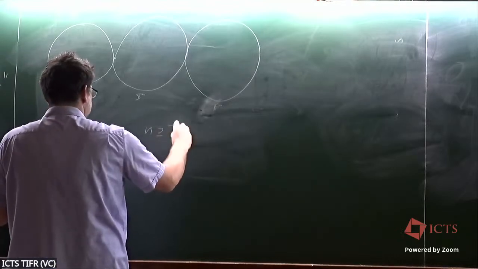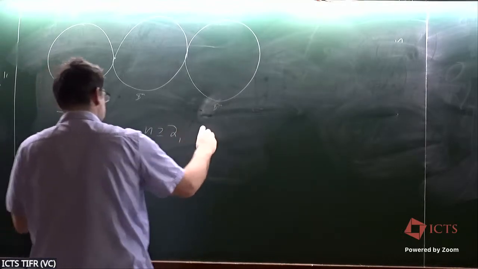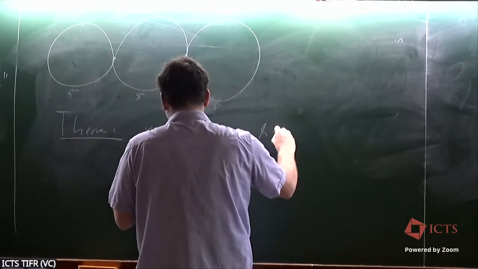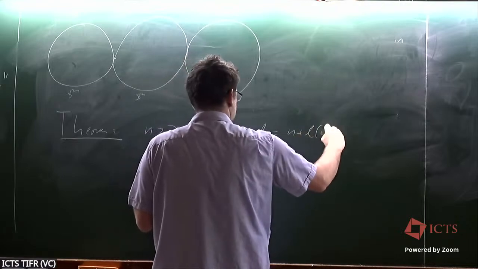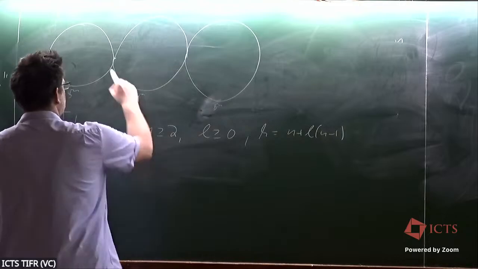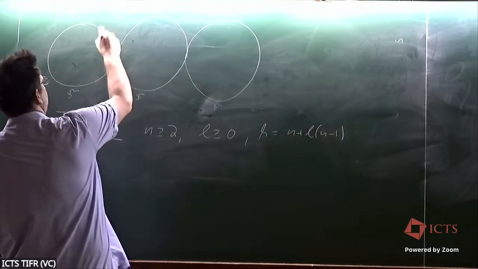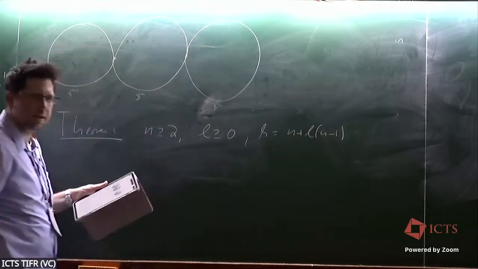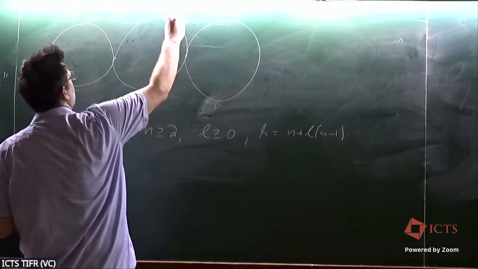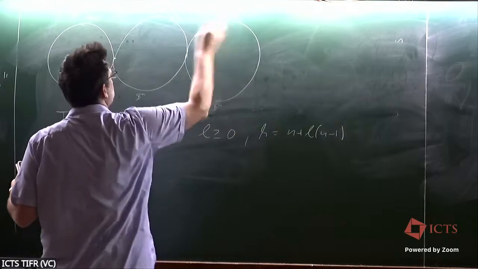So n larger or equal to 2, that was wrong before, so let's see. L is larger than 0, k equals n plus L times (n minus 1). Then we take the volume forms of each of these. So this maybe is omega 1, this is omega 2, omega 3. We choose the ones that are disjoint.